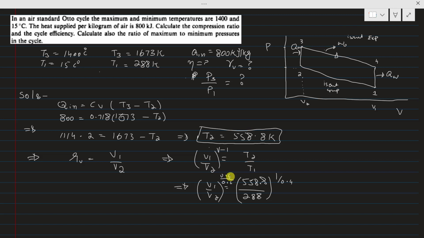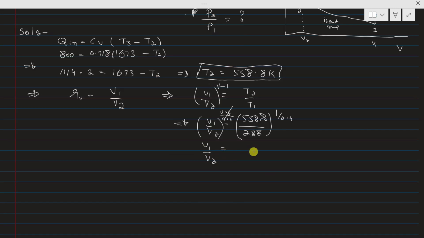And you shift this from there to that side. The value of V1 divided by V2 is 558.8 divided by 288. So after doing the simplification, if you divide 1 by 0.5, you will get 2.5.